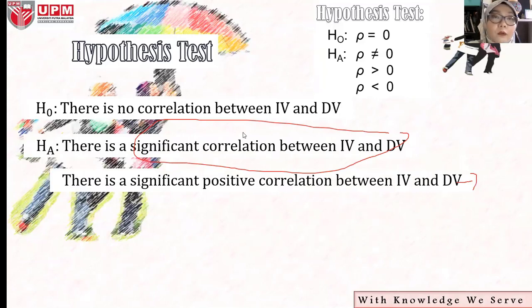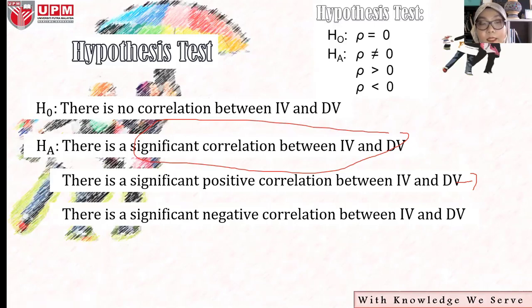So how can I determine whether it is directional or non-directional? It must be based on past studies. When we do the literature review, we review the direction of the relationship based on past studies, and therefore we come up with the conclusion ourselves.